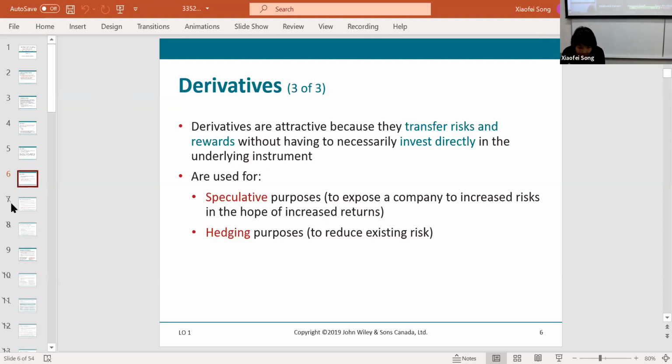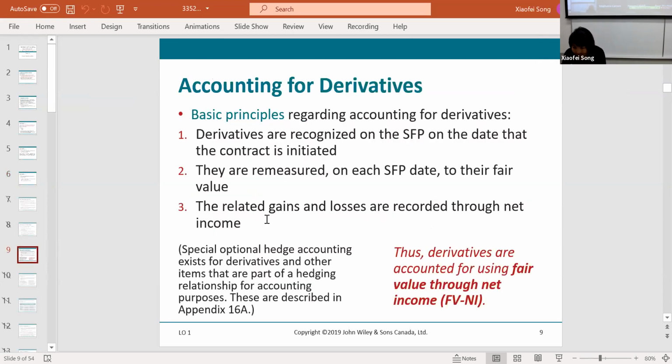Okay, some of these slides have a lot more details. I will just leave you to read them. But here, the accounting for derivatives, I'll just go through one. The basic principle is essentially fair value through net income. Derivatives are recognized on the statement of financial position on the date the contract is initiated. So if you did not have to pay to enter a derivative contract, you don't have to record it.